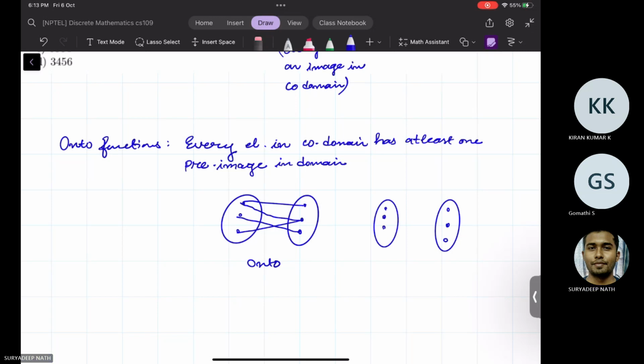In the second case, this is not onto, because of the elements in the codomain, so this is the domain and this is the codomain. In the second figure, you can see there exists one element in the codomain which does not have a pre-image in the domain. So that is not onto.